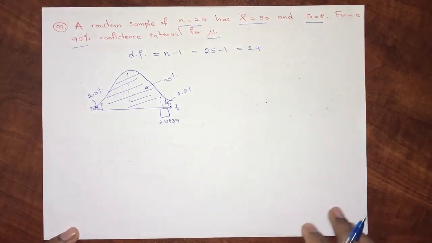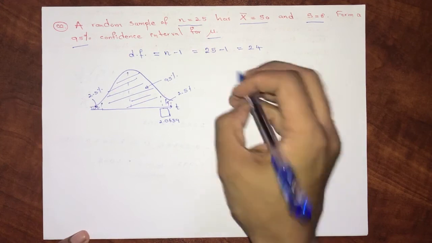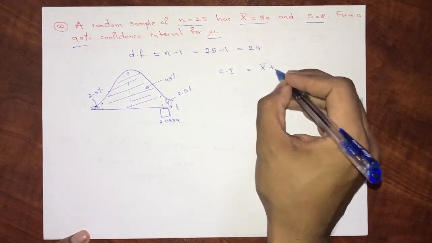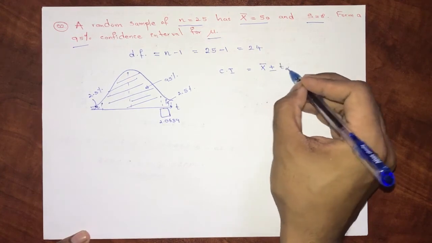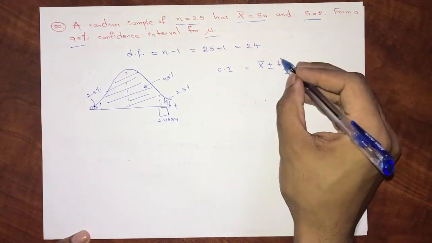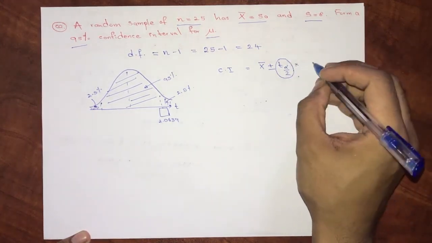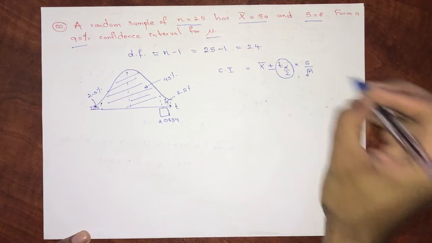2.0639. So the equation pertaining to this, the confidence interval equation, is given by x bar plus or minus t alpha over 2. Why do we consider t? Because we don't know the population standard deviation, times s over root n.